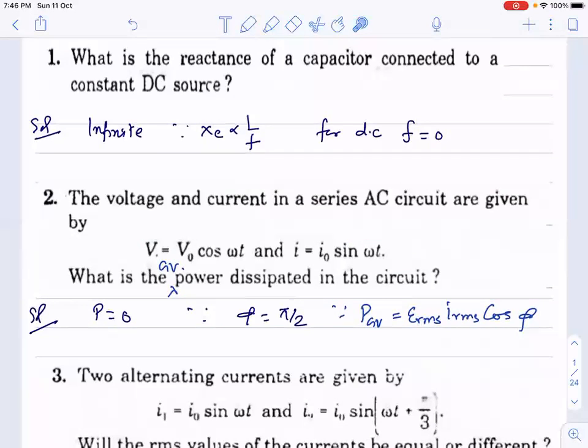Average power dissipated in the circuit will be 0 because the phase difference between sine and cosine function is pi by 2, and average power is given by this relation. Instantaneous power will also be 0. Okay, we are talking about the average power.